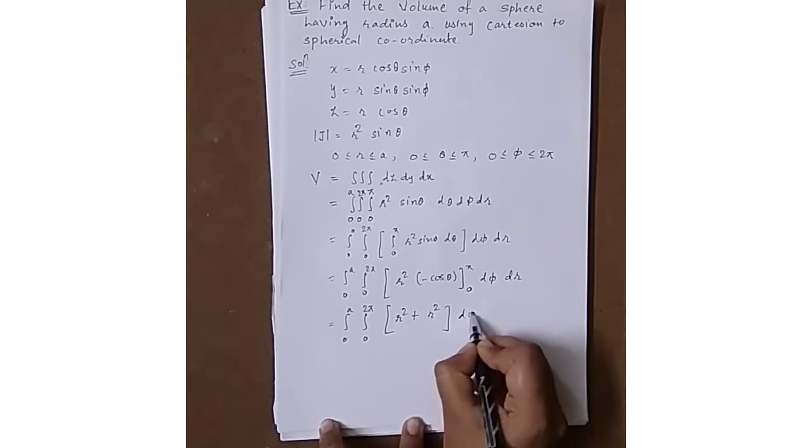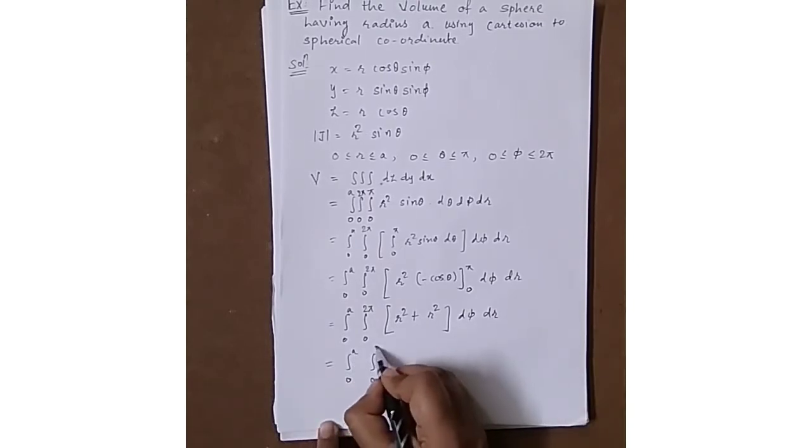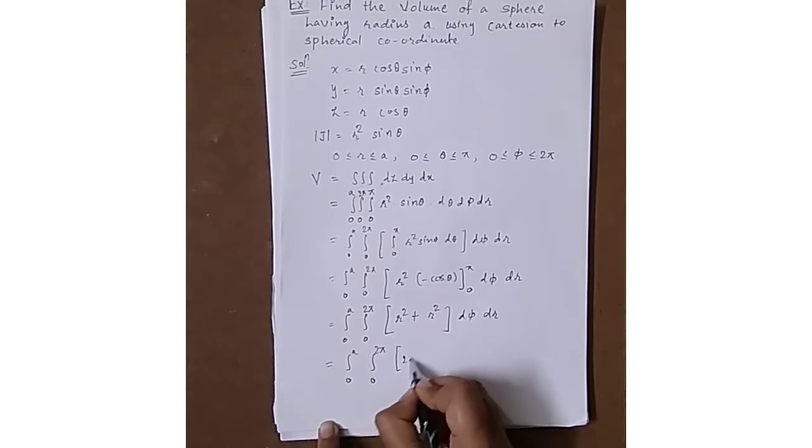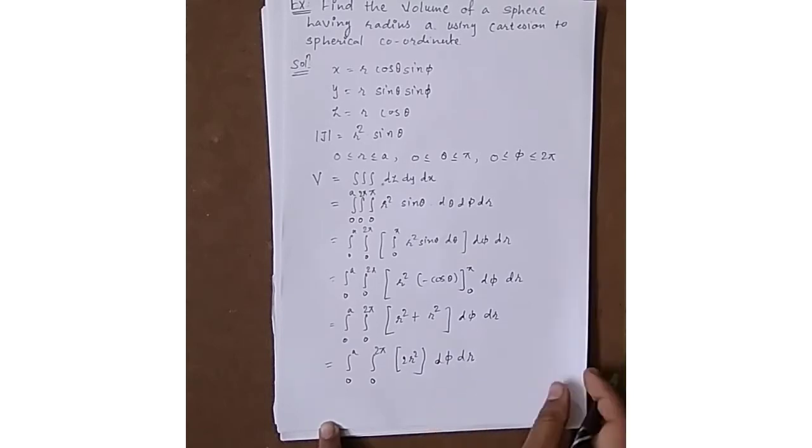So it is equal to the integral from 0 to a, 0 to 2 pi of 2r square d phi dr.